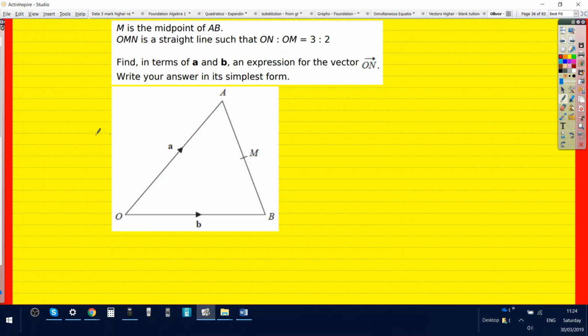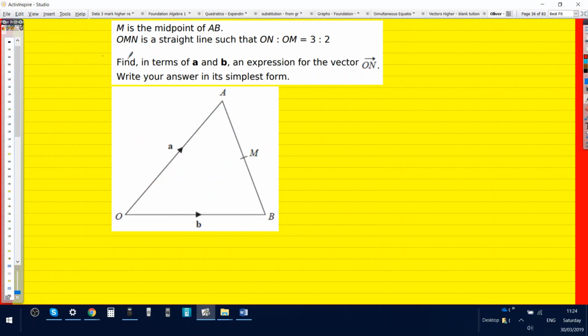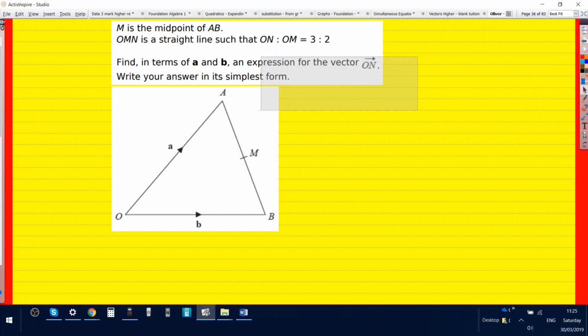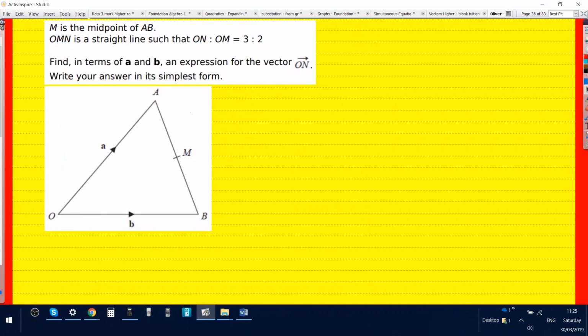Okay, let's try this one. Is it supposed to say O to M instead of O to N?